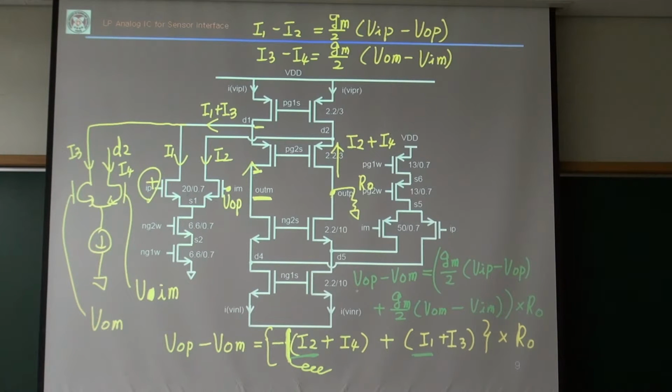Then I have a VOP minus VOM here and also there. Then see, I can derive VOP minus VOM equals half GM times RO plus 1 times VIP minus VIM. So it still works fine, right? Okay?